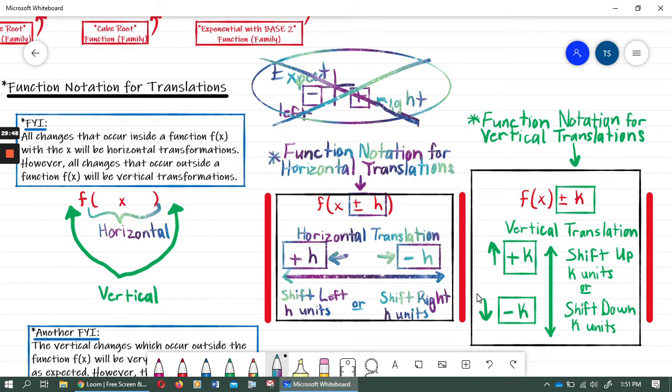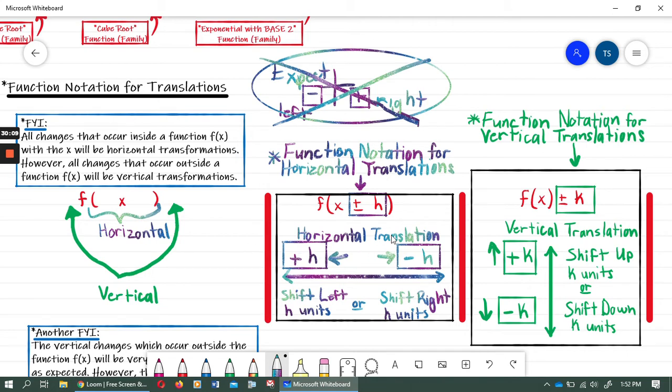And if you are subtracting some number, then it is going to be a shift to the right by h units. And again, guys, I know that this completely shatters our normal expectation and is counterintuitive of what we would normally expect to see for our x values on a coordinate plane.